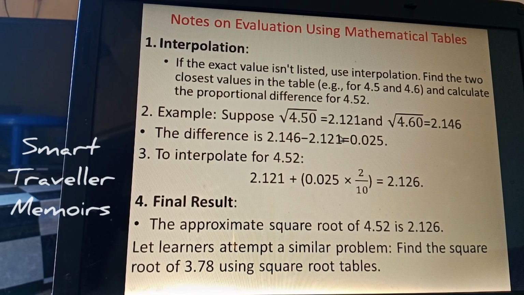suppose you are finding the square root of 4.50, which is equal to 2.121, and the square root of 4.60, which is 2.146. The difference between the two is 0.025.